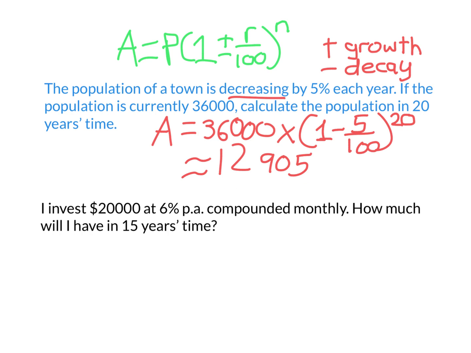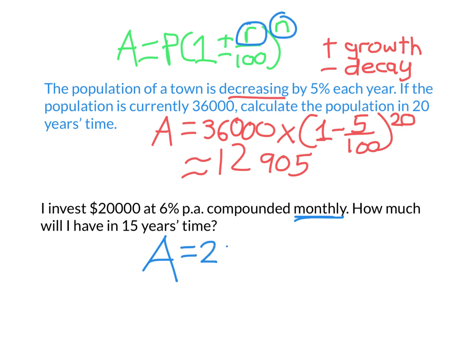Now I need to make a note about when you're doing compound interest. Let's say I invest $20,000 at 6% per annum compounded monthly. How much will I have in 15 years' time? We're still using the same formula that we used for compound interest on the previous slide. But when it is compounded not annually, you need to change it so that R, this number here, and N are essentially in the same units.